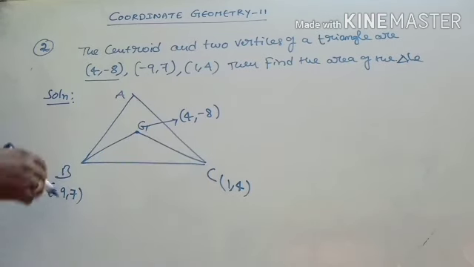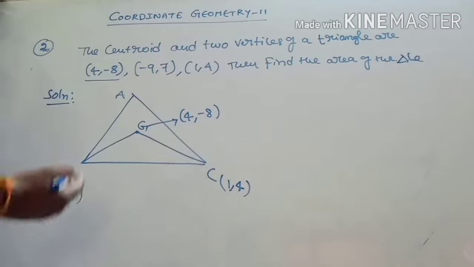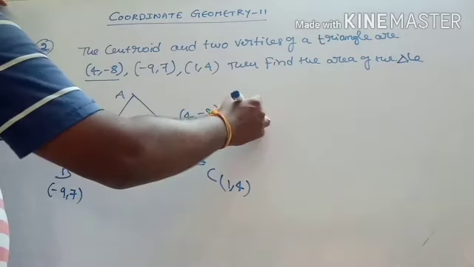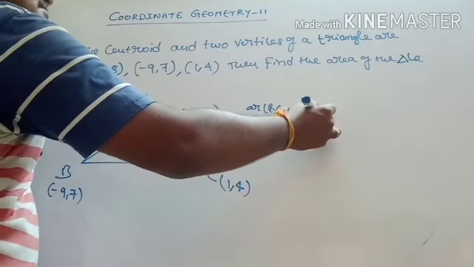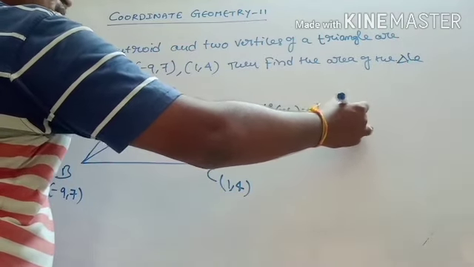Fine. Now we need to find the area of the triangle. How are we going to find it? We already know that the area of triangle BGC is 1/3 of the area of triangle ABC.